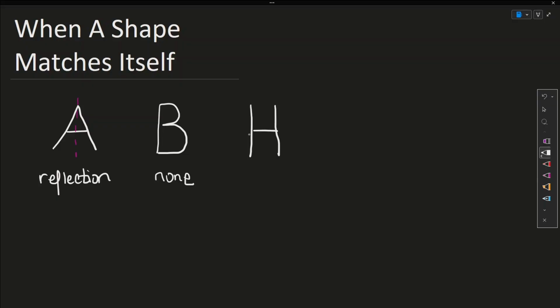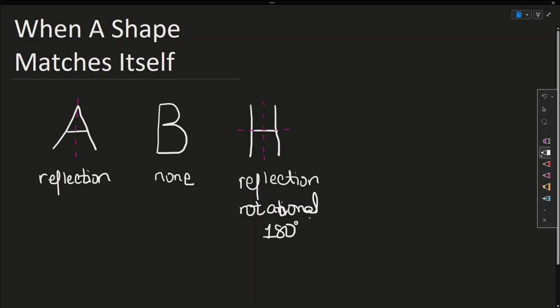Let's look at the letter H. This one has a symmetry across a horizontal line through here, as well as symmetry through a vertical line here. So it actually has two different types of reflection symmetry. In addition, it also has rotational symmetry. At 180 degrees, if I turn this 180 degrees, it's still the same.